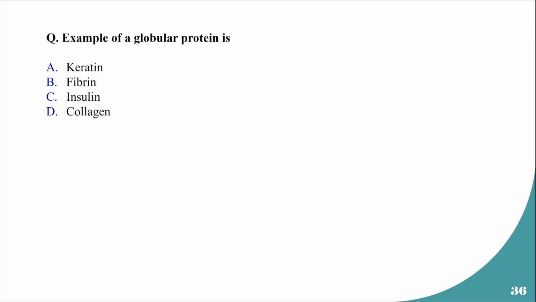The fibrous proteins are generally structural proteins, and the examples included keratin, fibrin, collagen, etc. And the other functional proteins are globular proteins. The example of a globular protein, that is insulin, was included in this option. So the answer should be insulin.